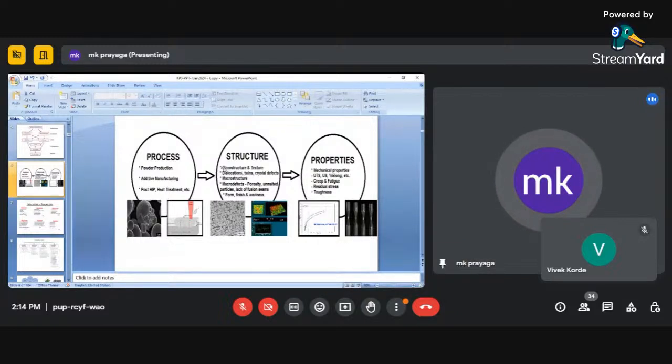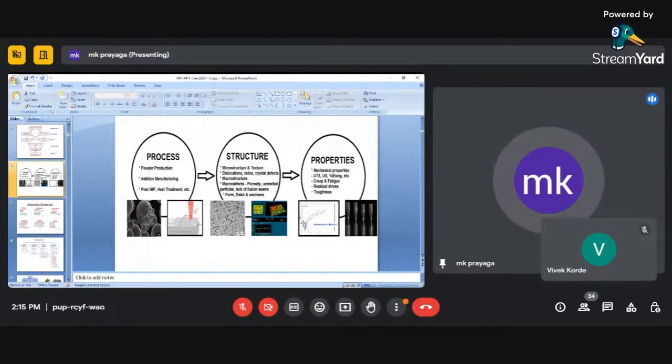All the materials will not give the required final outcome, so we need to confirm the structure. Based on the phase, morphology, and grain size, all these things to be confirmed, then you will meet the required properties at the end. So this goes from processing to structure identification, then finally meeting your properties.